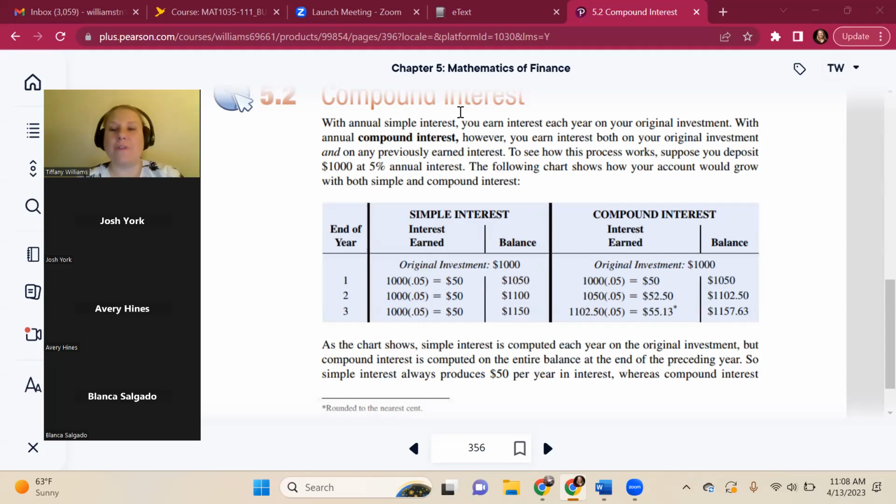So here, if we do 1,000 times 0.05, we make 50. But now, instead of going back to that $1,000 to start the second year, we actually pick up the balance that we currently have, which is $1,050. So we earn $52.50, and we continue to earn more and more money.